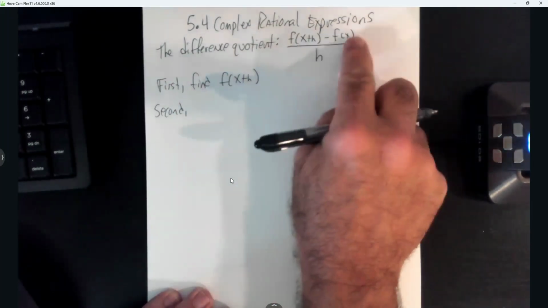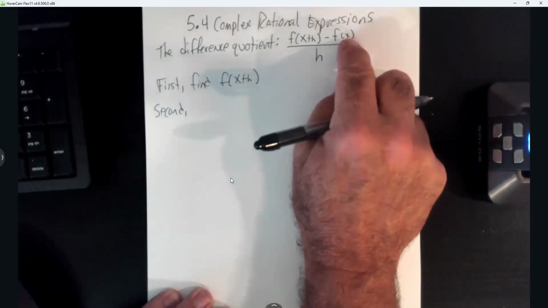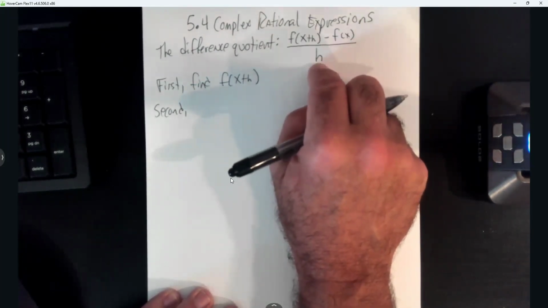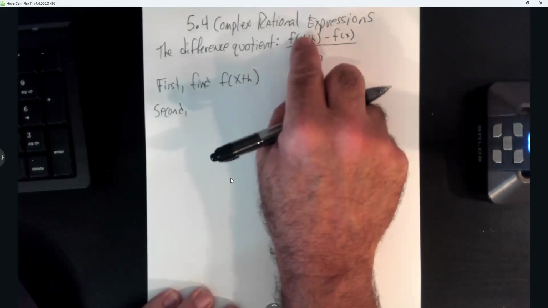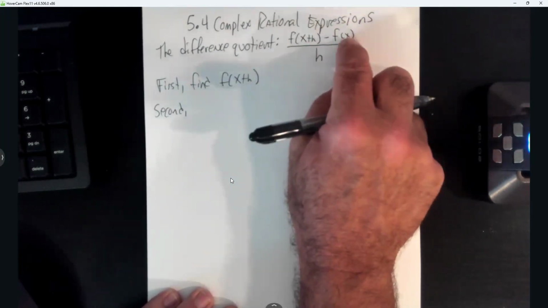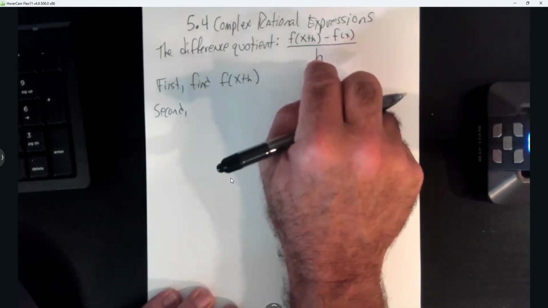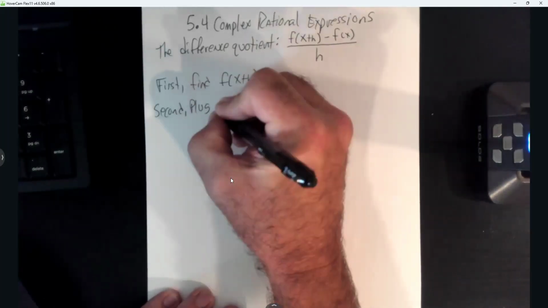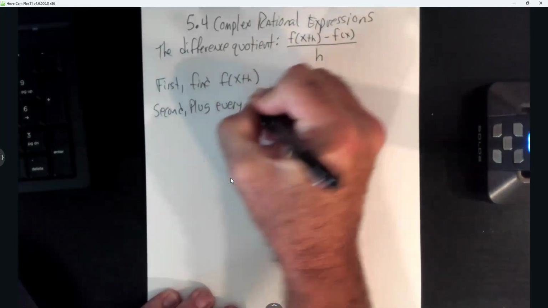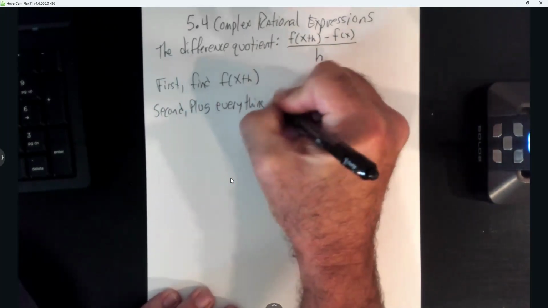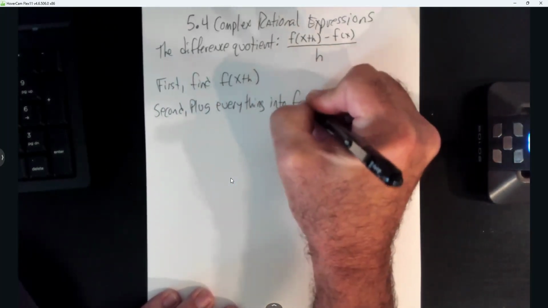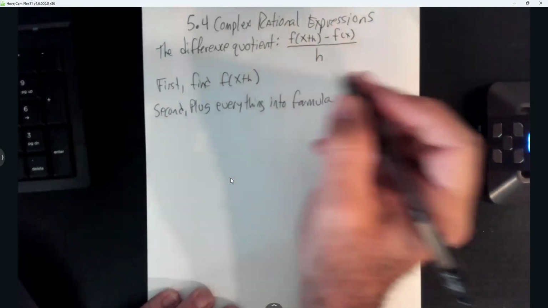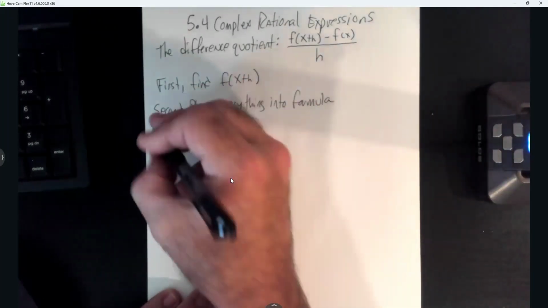Second, I'm going to plug everything into the formula because they're going to give me f of x, and the bottom is always h. So I'm going to find f of x plus h, put that in, put my f of x they gave me in, and divide by h. So then I plug everything into the formula. Then it's just a matter of simplifying.